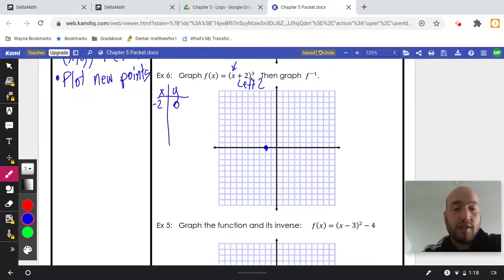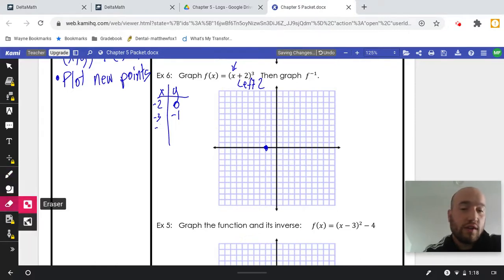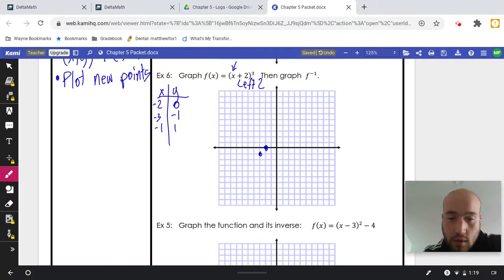It could also go each way, so -3. If you plug that in, -3 plus 2 is -1, and -1 cubed is -1. You could also go -1, because we want to go 1 on each side of the vertex. -1 plus 2 is 1, and 1 cubed is 1. And then probably go 2 on each side, so let's plug in a -4. -4 plus 2 is -2.